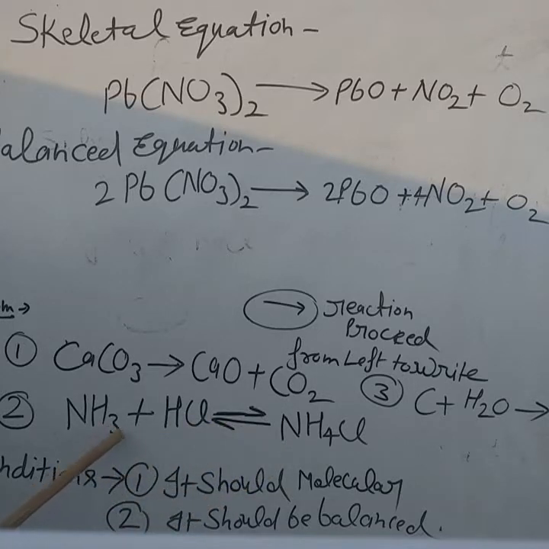Atoms of hydrogen are 3 plus 1, which is 4, and on the other side also 4. Atoms of chlorine are 1 on the left and 1 on the right. So the equation is in a balanced condition.